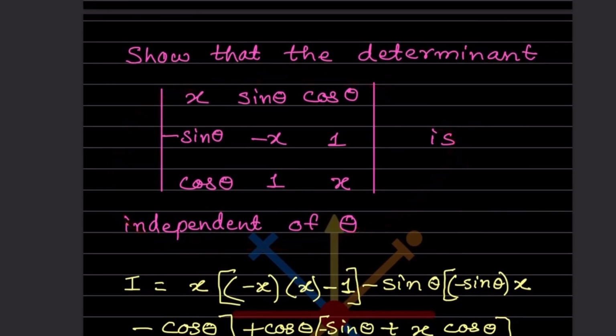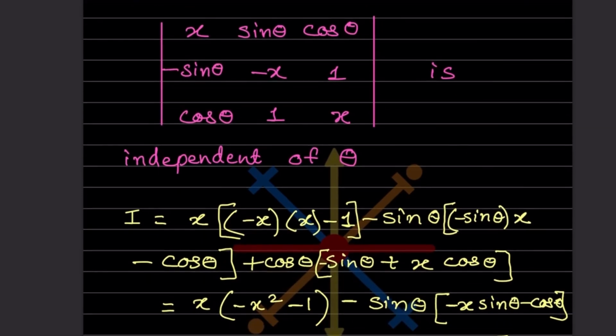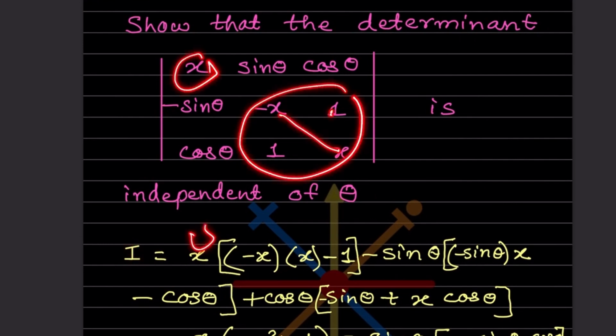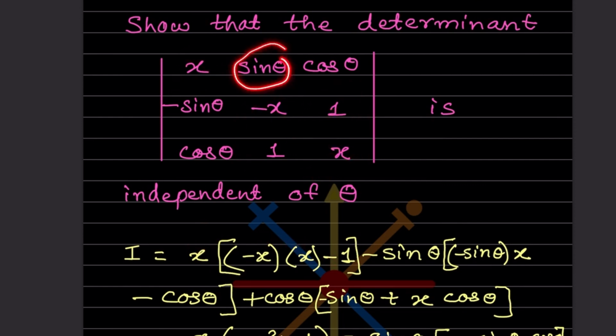Now see here, show that the determinant, this is given, is independent of theta. So again here what will you do? Let us consider this as I. You will take this one and multiply this, that will be minus x into x, I wrote it separately, minus 1. Then you will take this one, but you will multiply this and this.